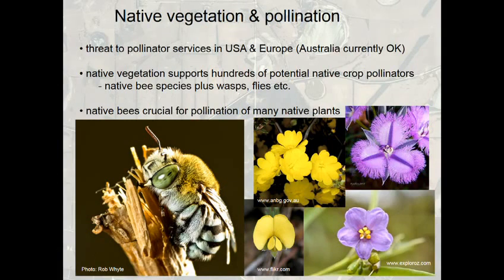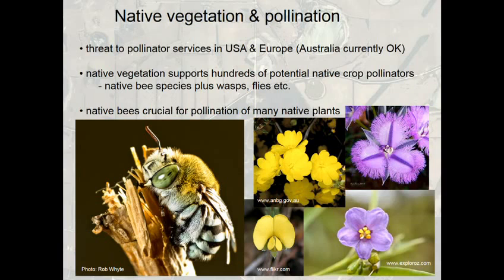And from an ecological perspective, it's important because native bees are crucial for pollination of some of our native plants. So a lot of our native plants are adapted to being what they call buzz pollinated or pollinated via vibration. And honeybees cannot do this sort of pollination, whereas a lot of the native bees that are adapted with our plants can. And that's an example there. The blue-banded bee is a great buzz pollinator.